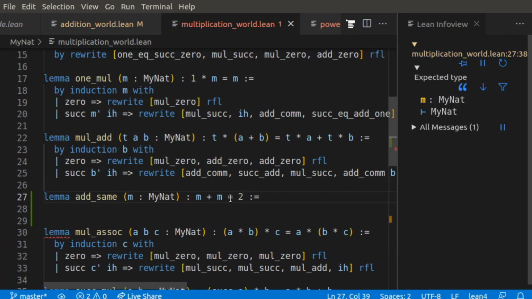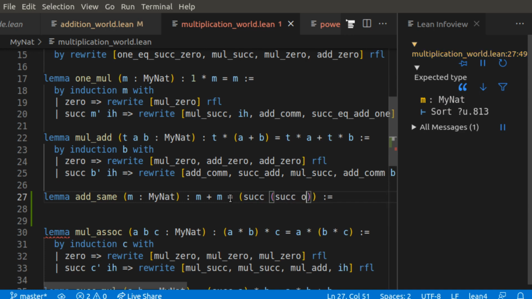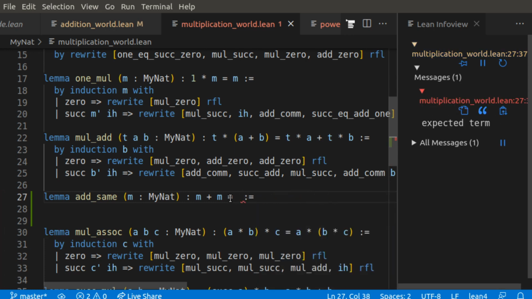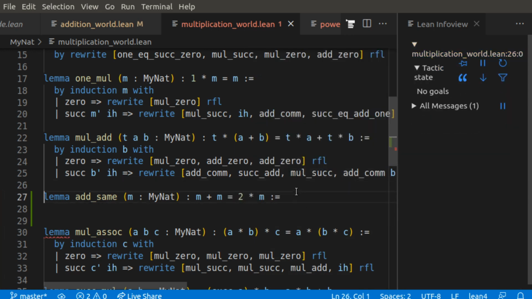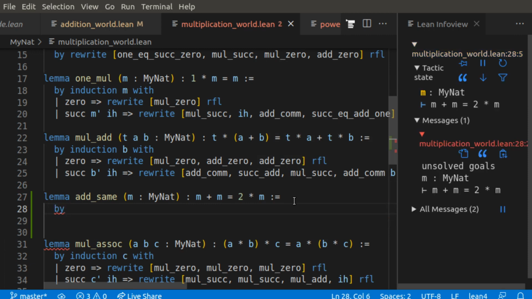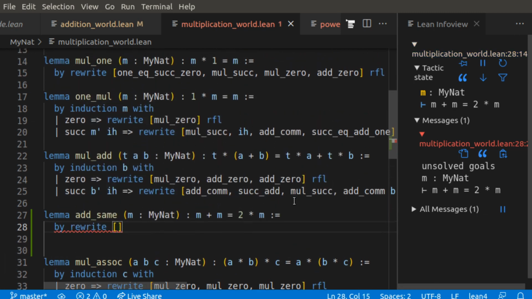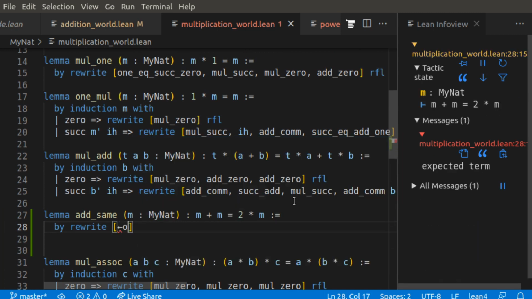Equals, I guess I can also do successor of 1. Let's do 2 times m. Okay, that looks fine. How are we gonna do this? Well, we can change m to m plus 1, or n times 1. So let's do 1 mol.